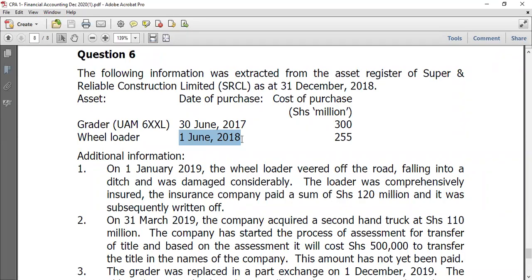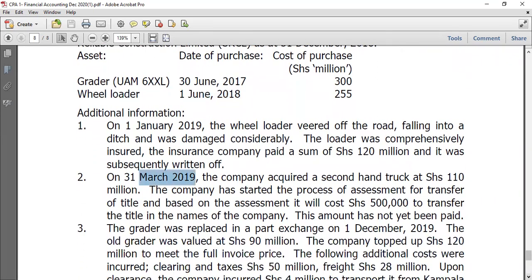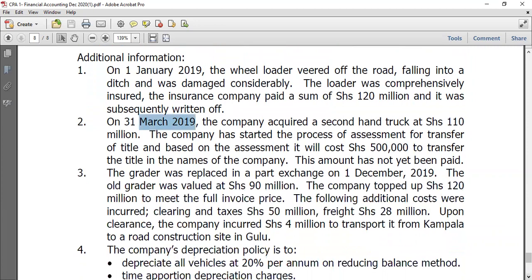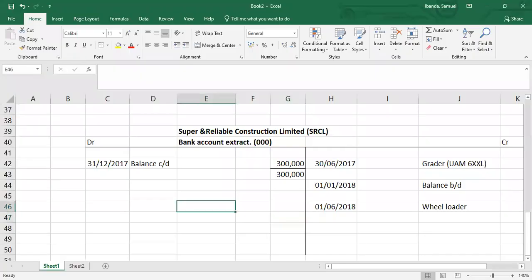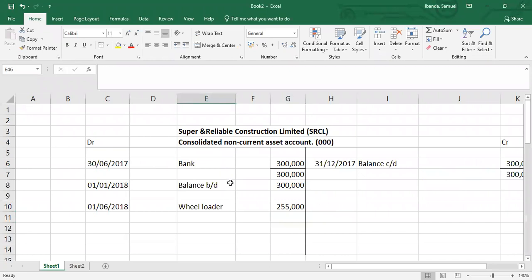Now ours is to ask, is there anything that happened before the end of the year? All this information happened in the next year, that is 2019. So what I'll do, I'll basically go ahead to balance off the account and also compute the depreciation for the period.